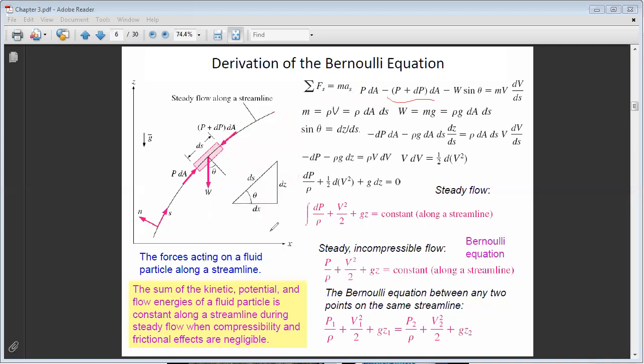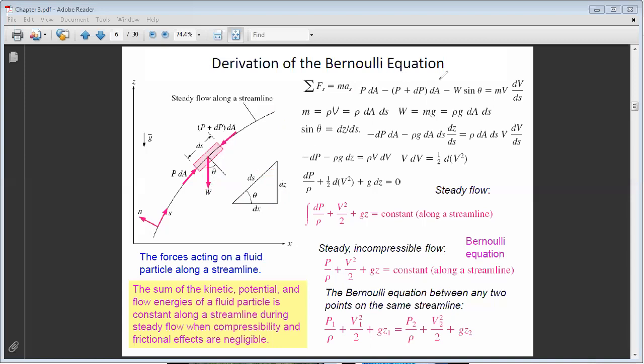You can say also that since the weight makes pi over 2 minus theta with ds, then along the perpendicular to ds, it will make an angle of theta. As you can see here, this is the weight, this is the perpendicular to ds. If this is pi over 2 minus theta and this is 90 degrees, then the angle between the weight and the normal direction un is equal to that.